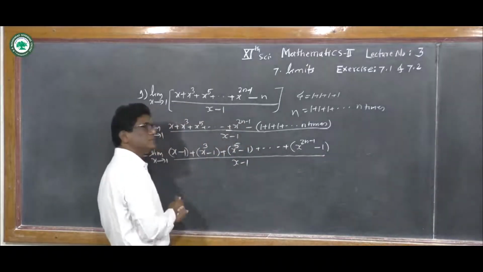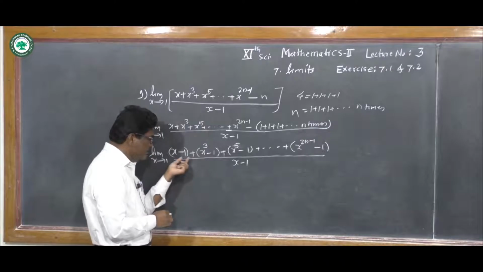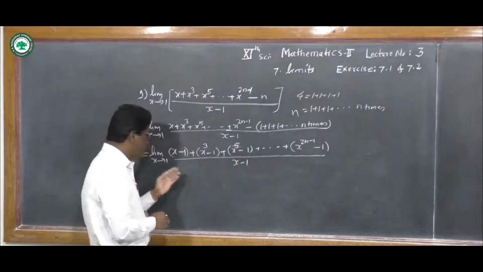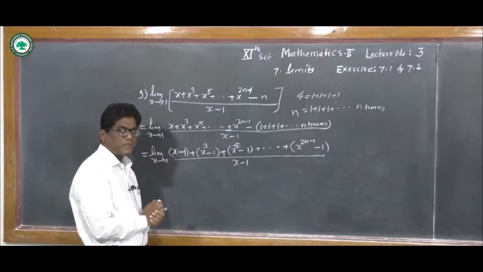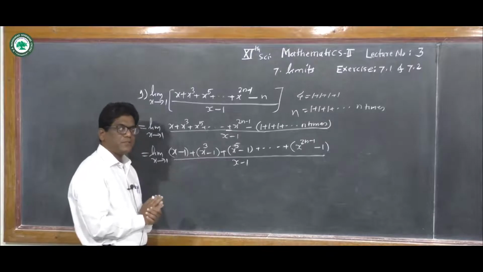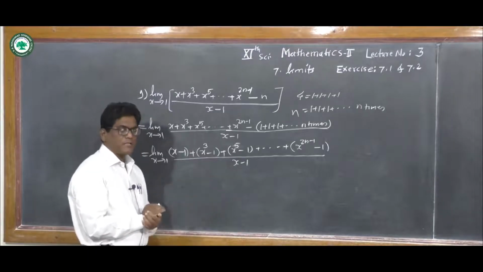Now we divide by x minus 1 separately to every term, with this limit as x tends to 1. Take the limit as x tends to 1 of every term and divide by x minus 1.